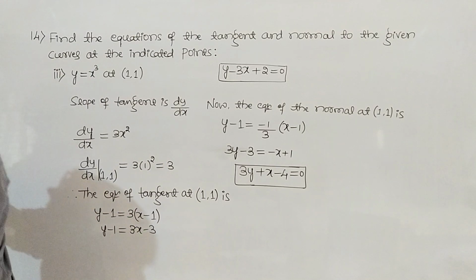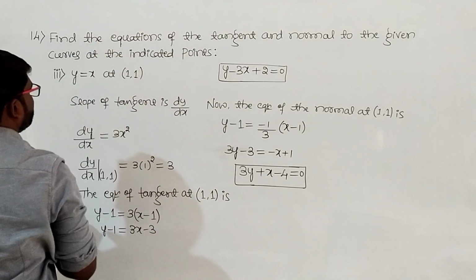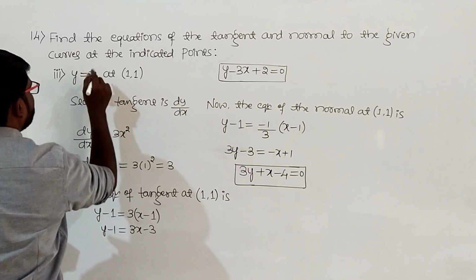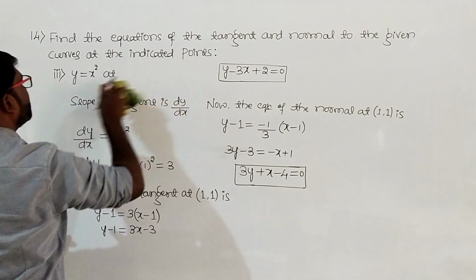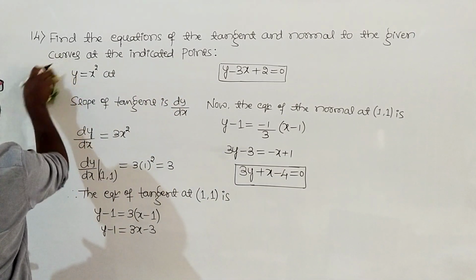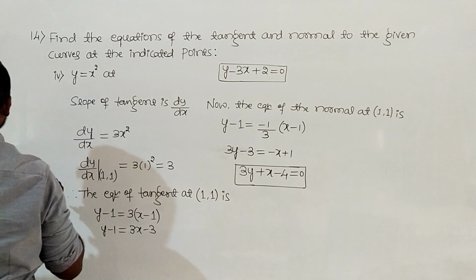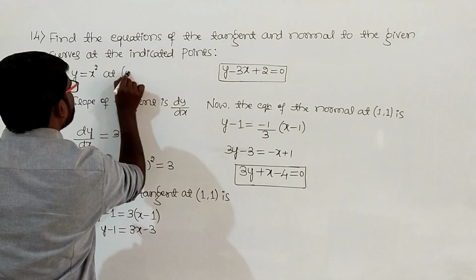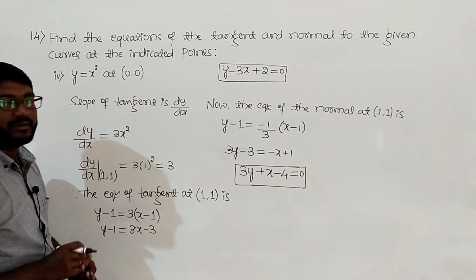So it is y equals x square at 0 comma 0. Fourth one, y equal to x square at 0 comma 0. So now the slope of the tangent is dy by dx.